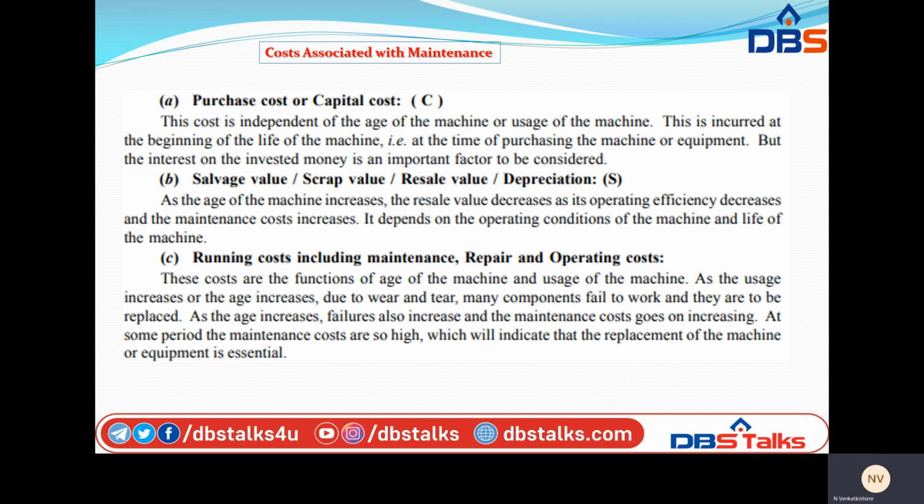But consider the cost over a period of time. Suppose in 2000 you purchased a bike at a cost of 50,000 rupees. Now it is 2021.